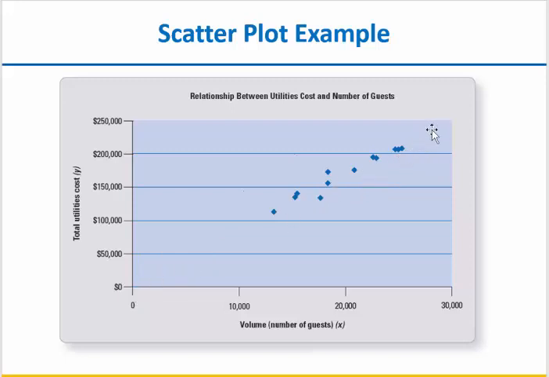It seems to me I can see a straight line starting from the origin and passing through these points, with some variable cost per unit. So my conclusion is utilities cost should be a variable cost. I just finished these 2 qualitative and graphical methods.